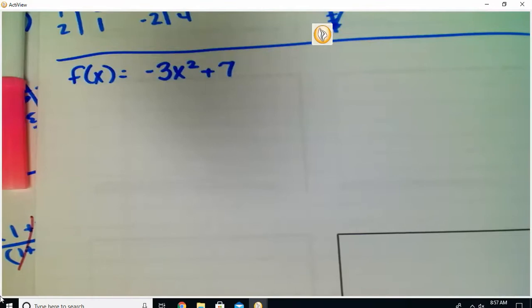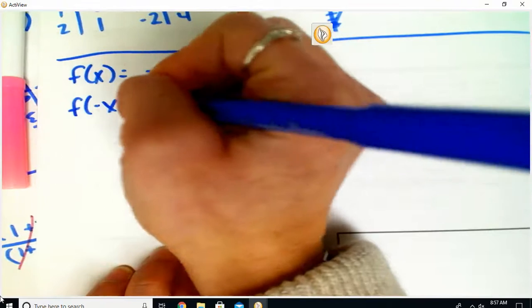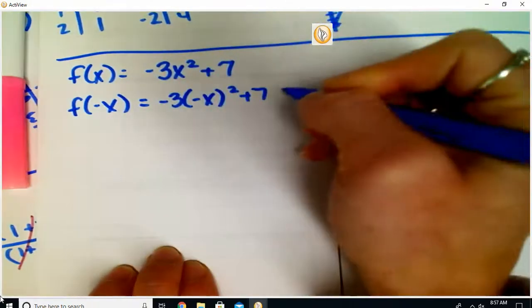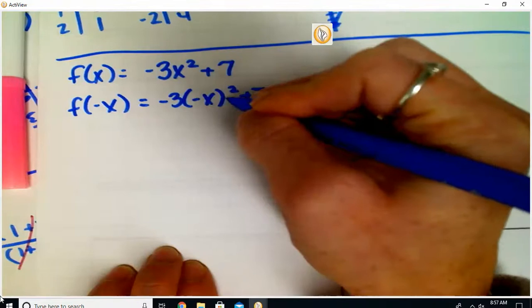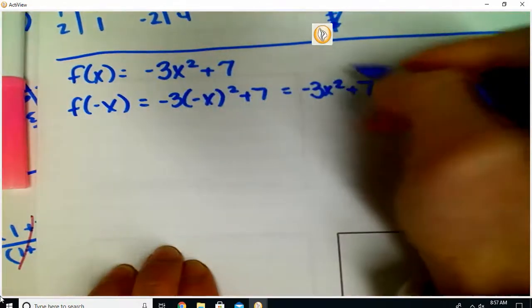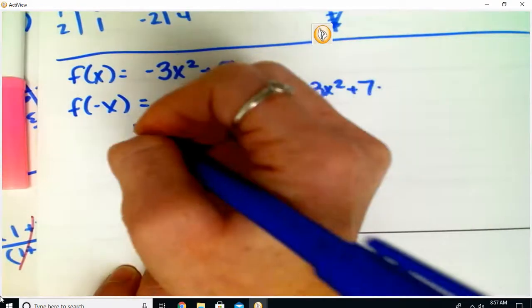If you get the exact opposite, it is odd. So if I plug in a negative x, negative squared is positive, times my negative 3 would give me a negative 3x squared plus 7. These are the same, so that means even.